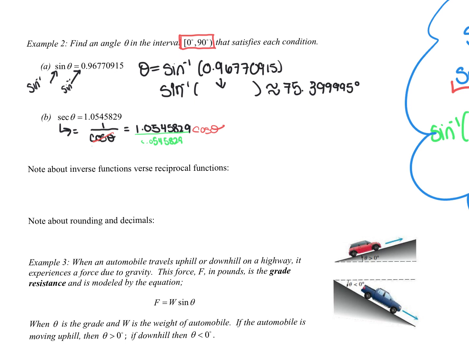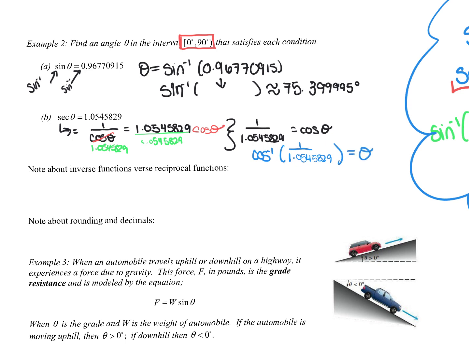If I do that on one side, I have to do it over here. So what I end up getting is that 1 over 1.05455829 equals cosine theta. Then I'm going to do the arc of both sides. So I'm going to have arc cosine, the cosine to the -1 of 1 over 1.05455829 equals my theta.